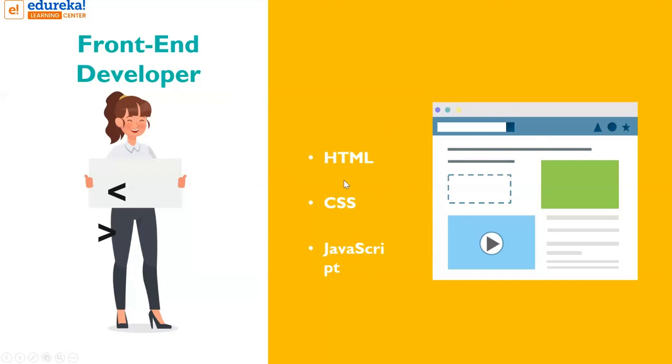There are additional technologies like React, Angular, and Vue, but primarily a browser is only able to understand HTML, CSS, and JavaScript. Additional tools, libraries, and frameworks are available for you to convert into these basic languages.